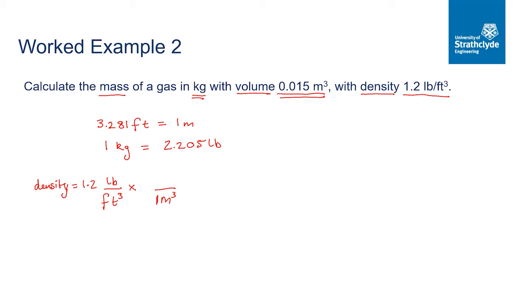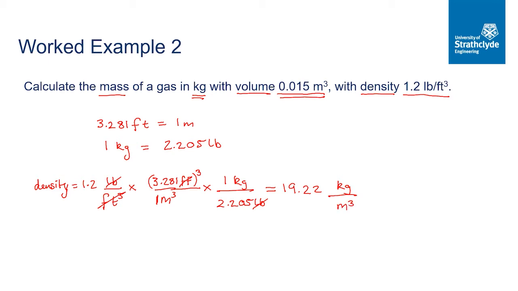We know that 1 meter cubed is 3.281 feet all cubed, so the feet will cancel out with the feet. The mass we wish to obtain is in kilograms, so we multiply by 1 kilogram divided by 2.205 pounds. Doing this calculation, we obtain 19.22, the pounds cancel out, and we're left with kilograms per meter cubed.